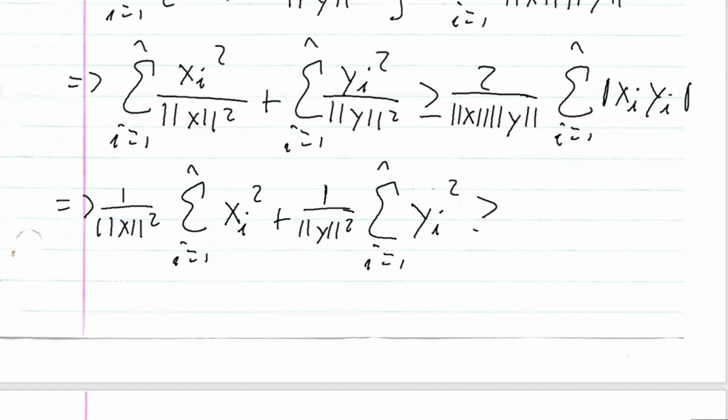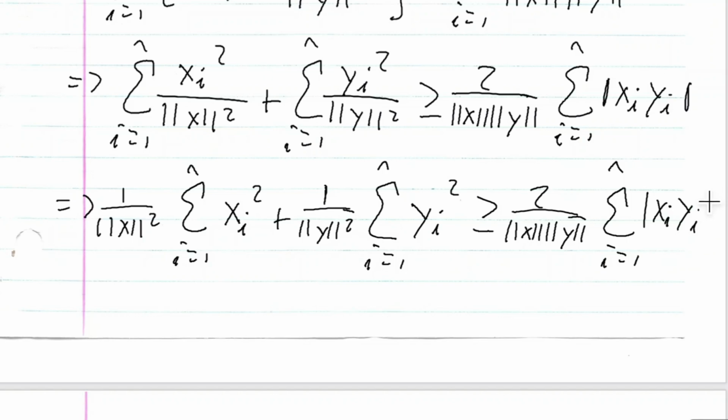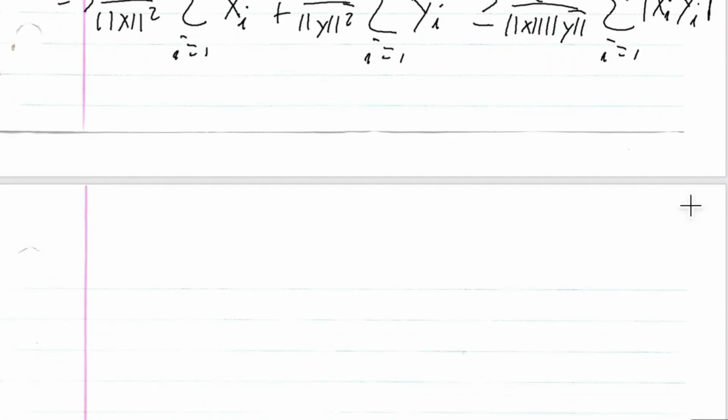And that's going to be bigger than or equal to 2 times the norm of x times the norm of y times this sum from 1 to n of the absolute value of x_i y_i. All right, so now we're going to do a little bit of a deep dive.